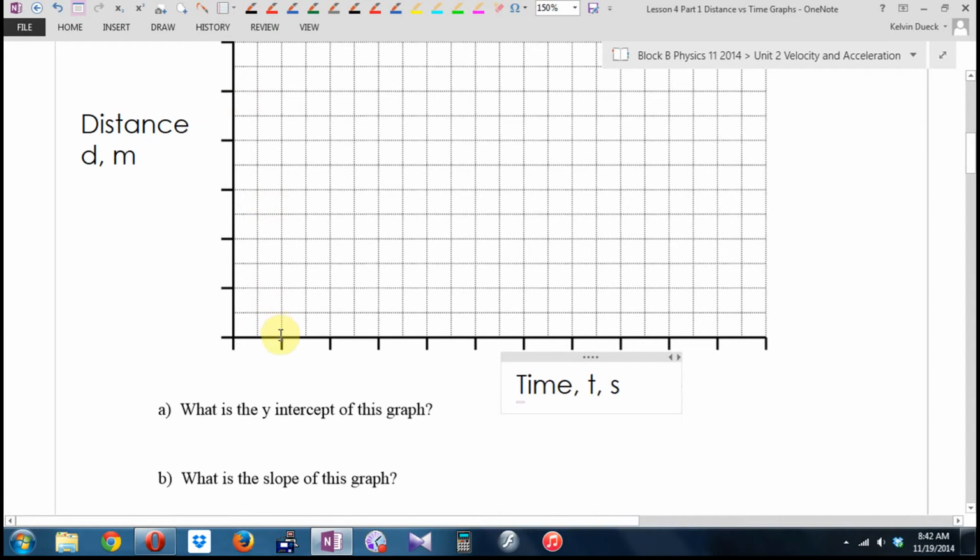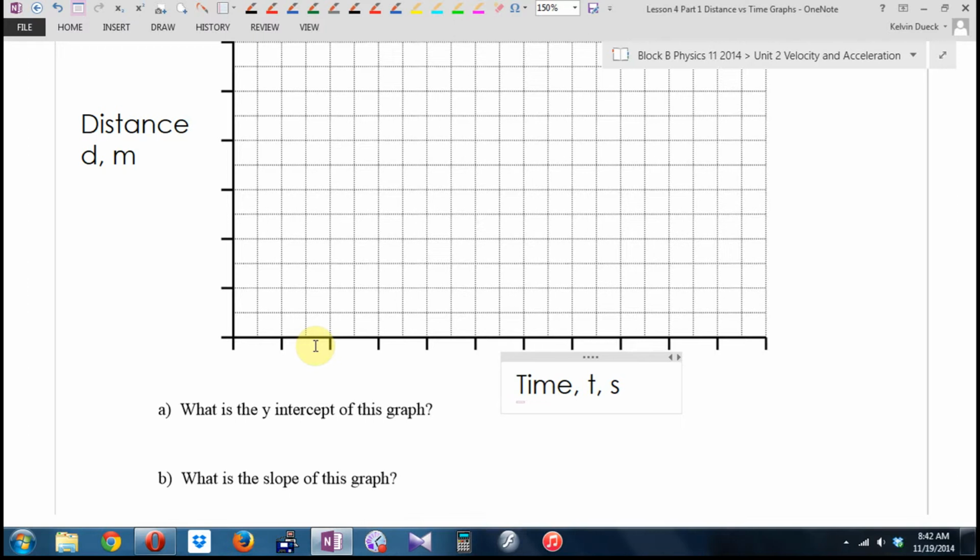How many squares, how many hash, let's see. 1, 2, 3, 4, 5, oh heck. 2, 4, 6, 8, 10, 12, 14, 16, 18, 20, 22 squares. You know what? Each big hash mark, why don't I let that be 1? So every square is a half. Is that okay?